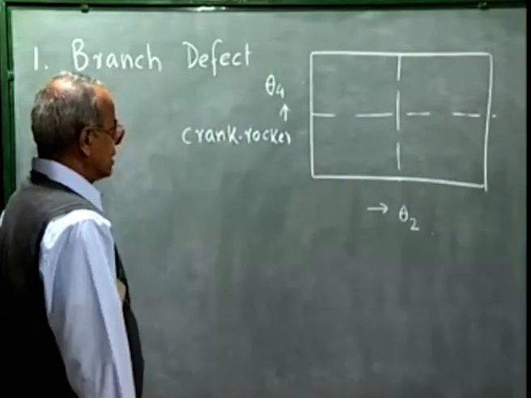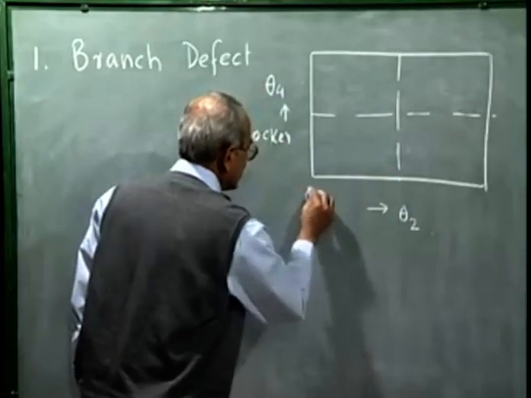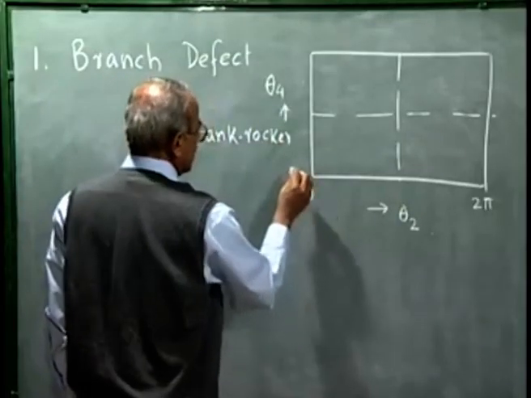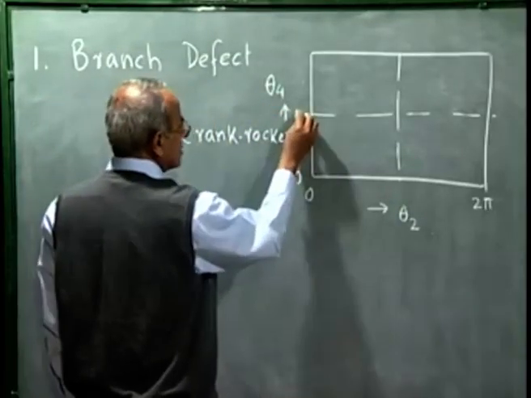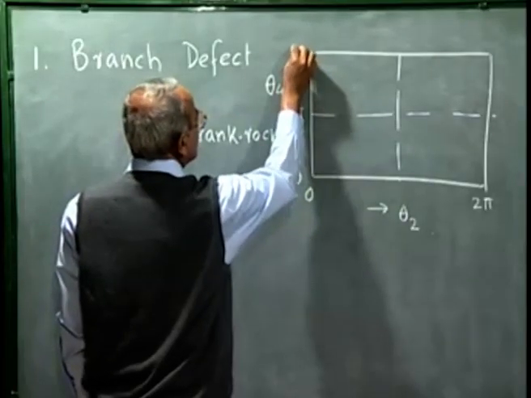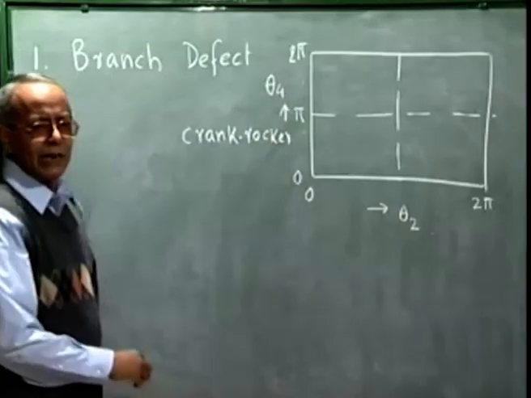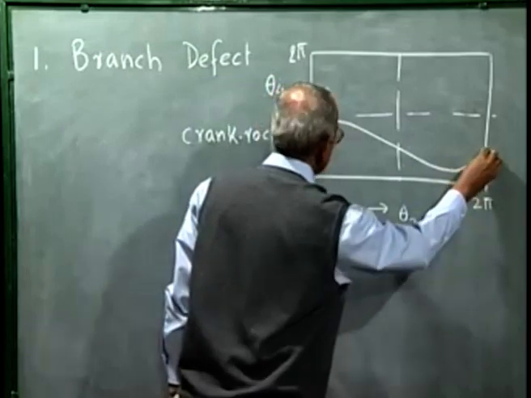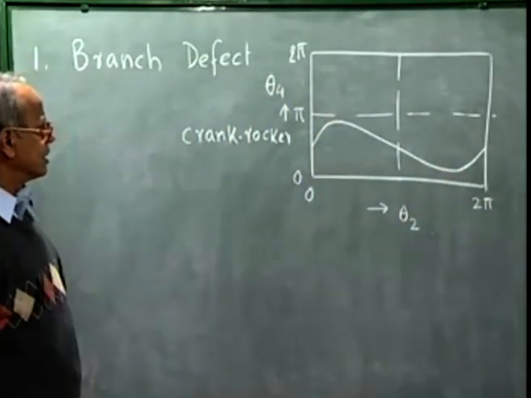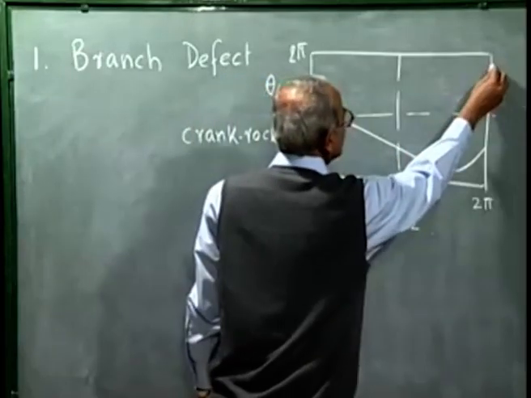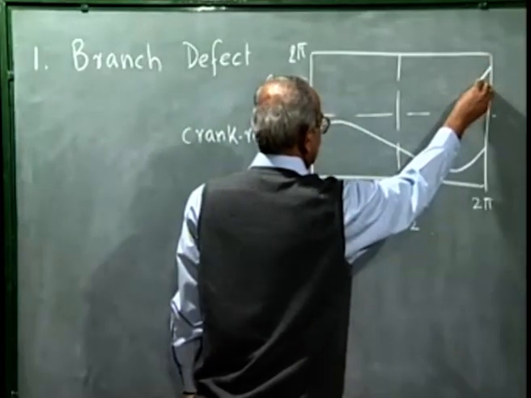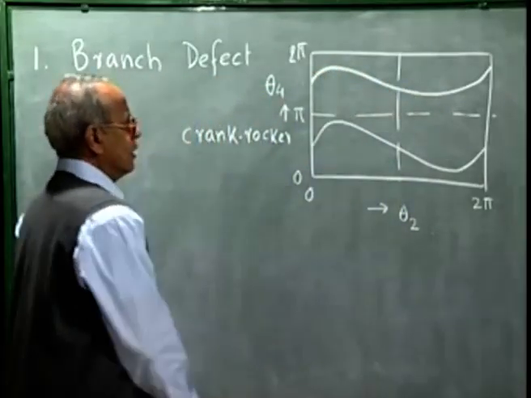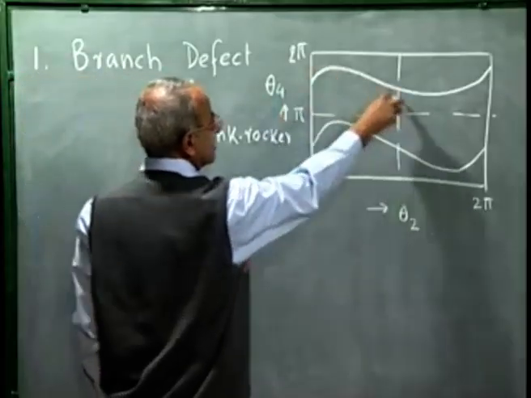If it is a crank rocker, then we know the input angle rotates completely, that is from 0 to 2 pi, whereas the output link rocker only rocks between 0 and pi or between pi and 2 pi. And there are two distinct branches in the sense that for one mode of assembly, maybe this is the relationship between theta 2 and theta 4, whereas for the other mode of assembly, this will be the relationship between theta 4 and theta 2.